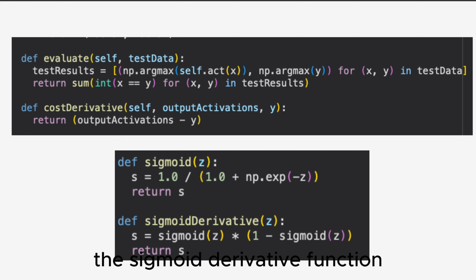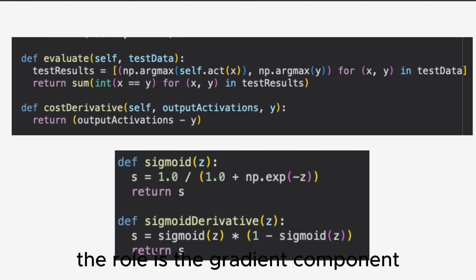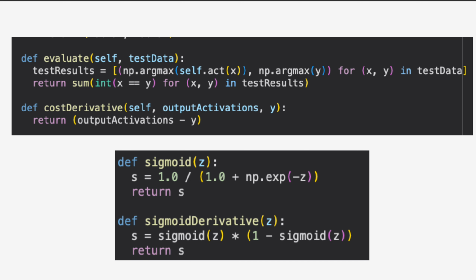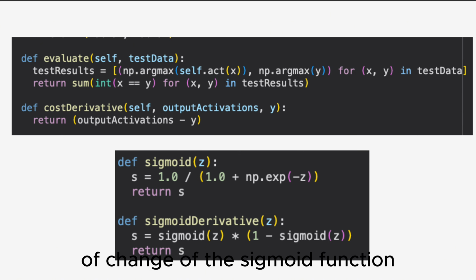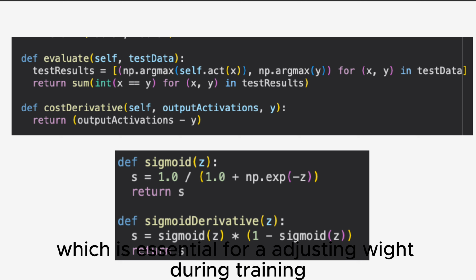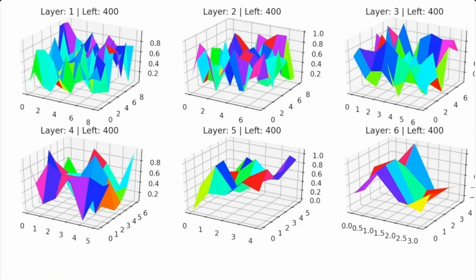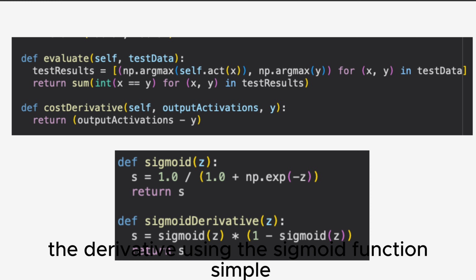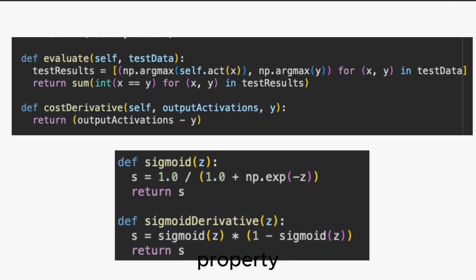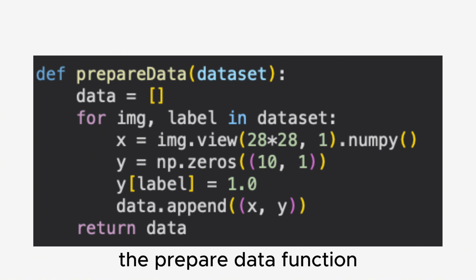Sigmoid derivative function. The role is the gradient component. It calculates the rate of change of the sigmoid function, which is essential for the adjustment rate during training. The process is it computes the derivative using the sigmoid function's simple property.